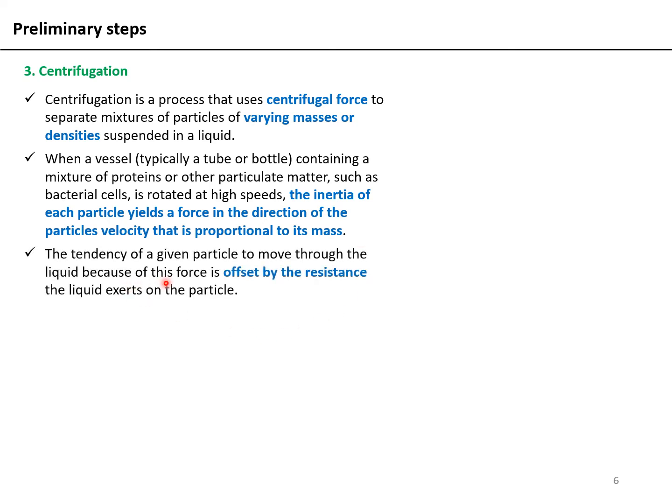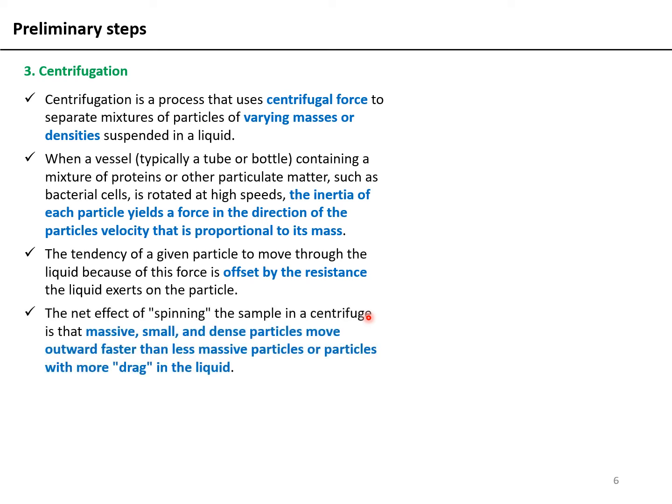So the tendency of a given particle to move through the liquid because of this force acting on it is offset by the resistance that the liquid exerts on the particle. If your particles are trying to migrate towards the bottom of the vessel because of this force, then the resistance will act in exactly the opposite direction because of the liquid that is present, and this will offset this force.